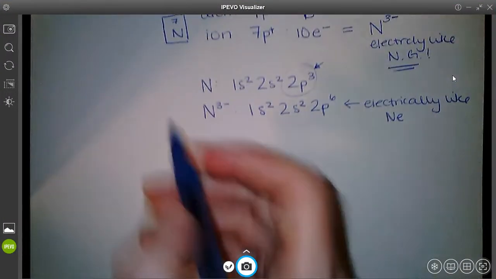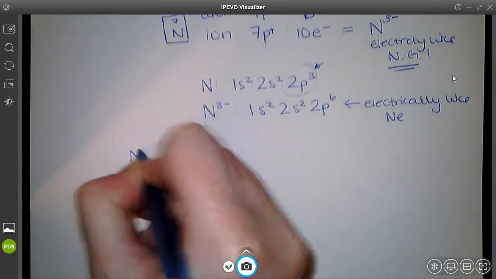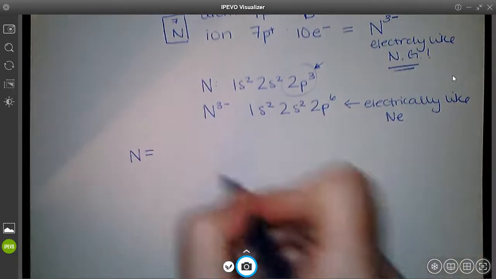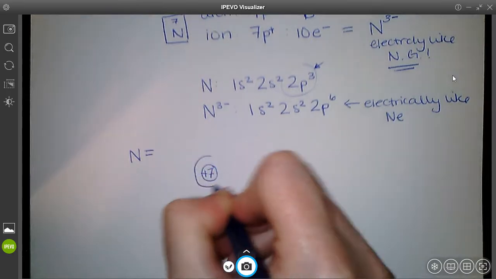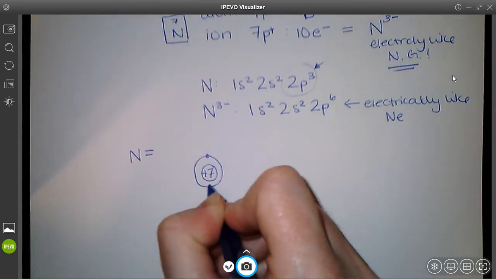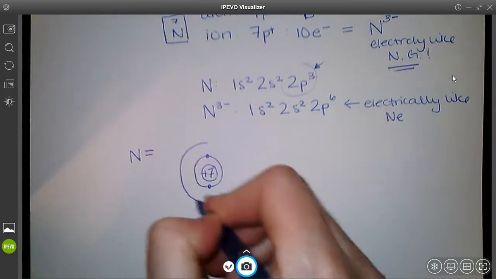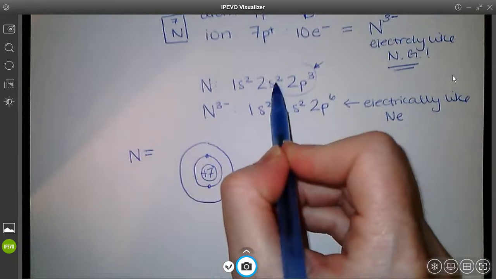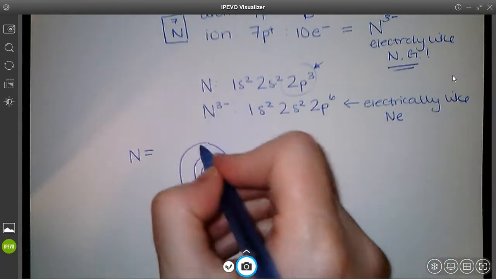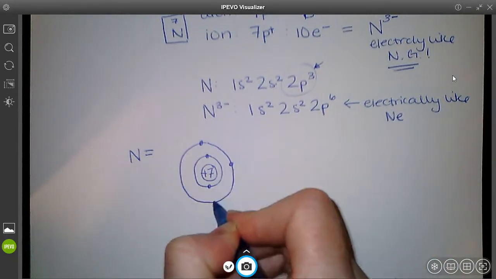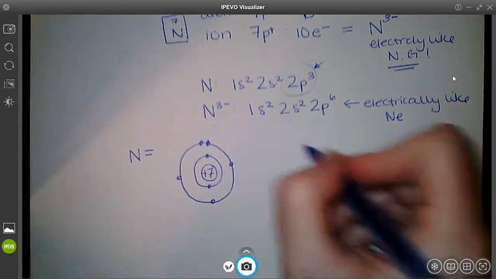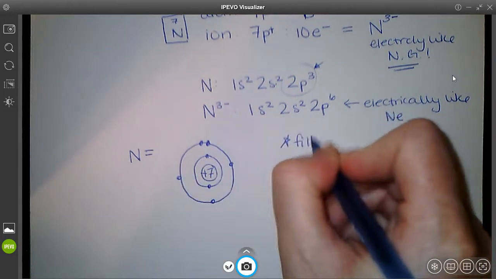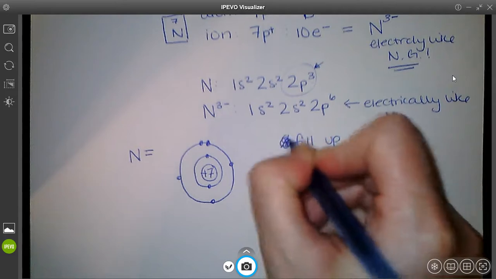Now just like before, let's also draw out our atoms. So nitrogen has a +7 center. In the first energy level, it's got 1, 2. In the second energy level, it has 2 in S, 3 in P, so it's got 5. And it's got the same choice. Is it going to fill up to 8? Oh, we haven't made a choice yet.